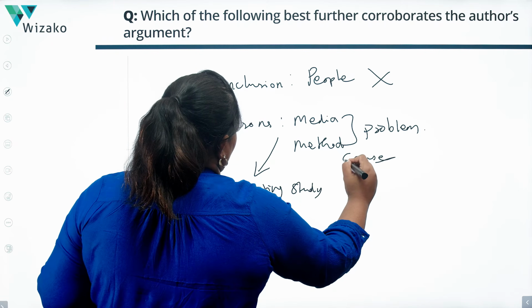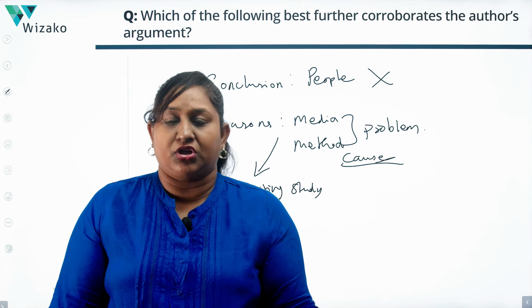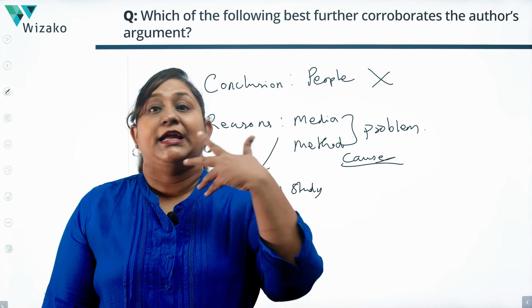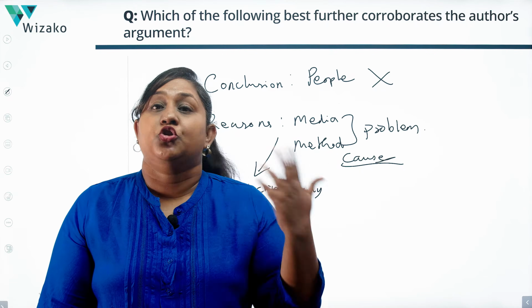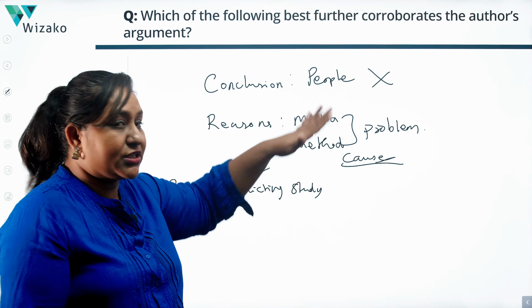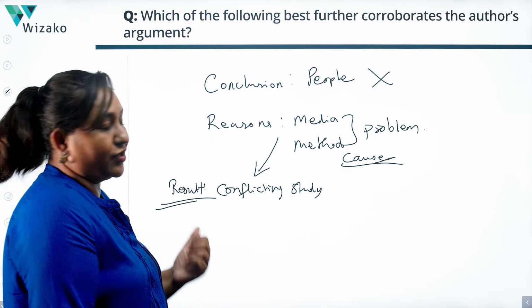So it's a causal argument where he's saying the media is the cause, or the methodology is the cause, leading to conflict of information or seemingly conflicting information. It's not that science itself is bad, nor is it that you can choose what you want to believe in. So he's ruling out the causes that the people have attributed and is giving alternative causes for this conflicting study.